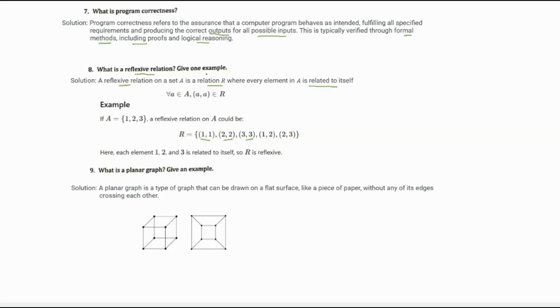Then moving on with the next one, what is a planar graph? Give an example. A planar graph is a type of graph that can be drawn on a flat surface, like a piece of paper, without any of its edges crossing each other. So, if it is crossing each other, then it is not said to be planar. Any non-planar graph can be converted into planar by removing the cross edge which is present there.